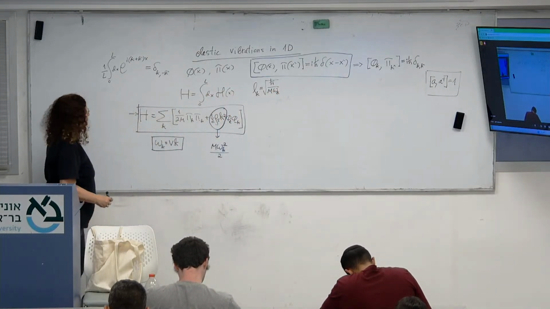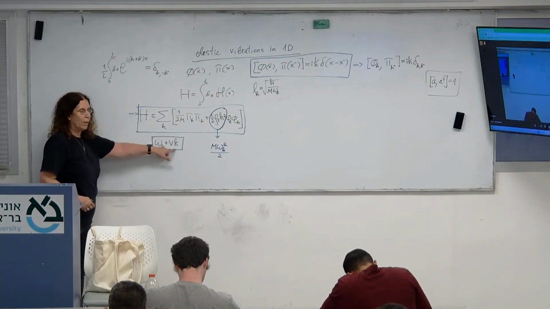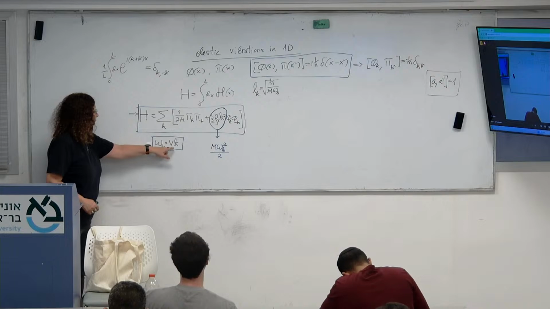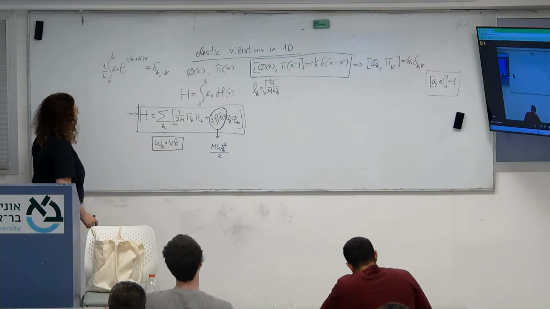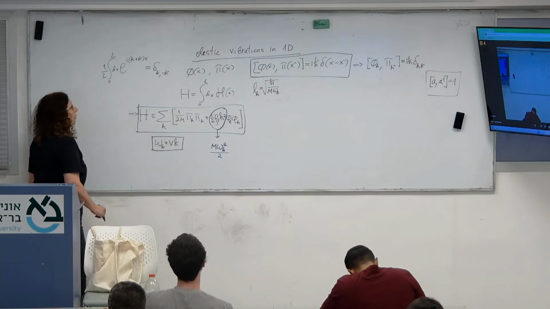Okay? Where omega k is again what I got here. It's a linear dispersive frequency related to wave number k.